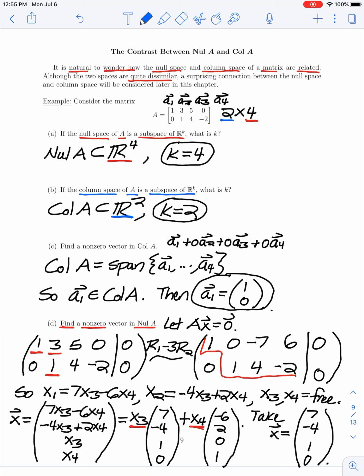So these subspaces might live in different dimensions. And we can see here, in parts C and D, that finding an example of a vector in the column space is a pretty easy process. We can just take any of the column vectors. But to find a non-zero vector in the null space, we have to solve a system of equations, which in general can be a little bit tedious. So those are a couple of differences we're seeing between these two subspaces.